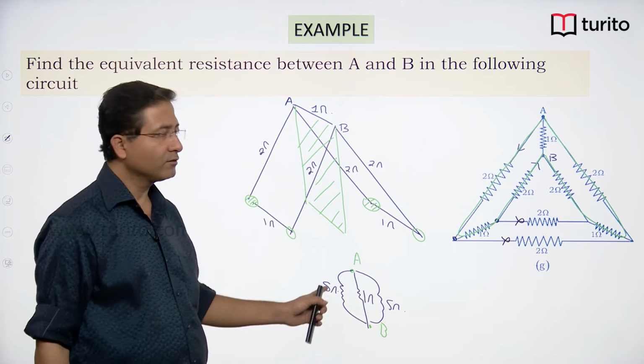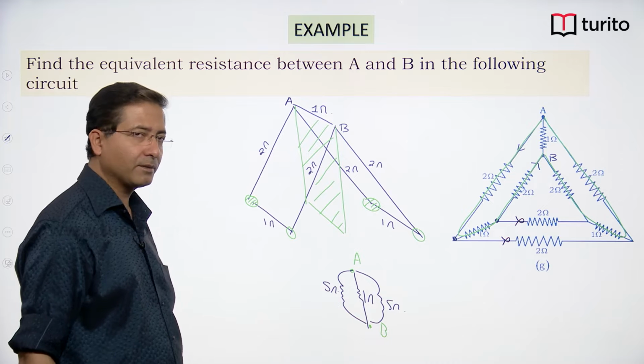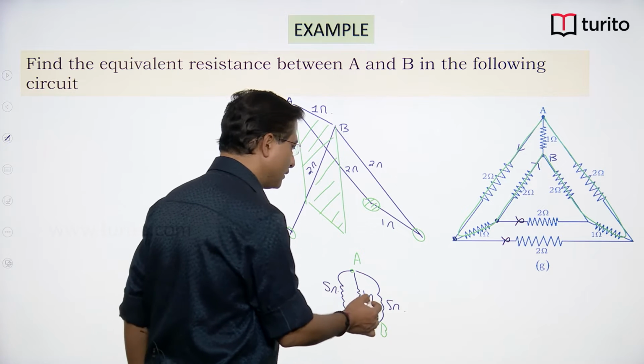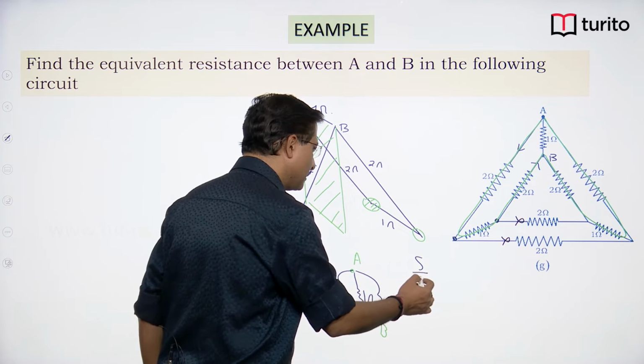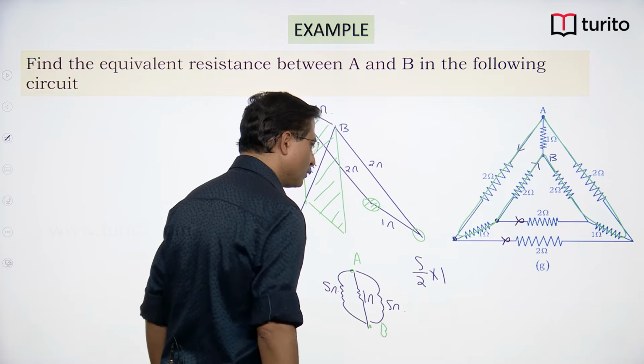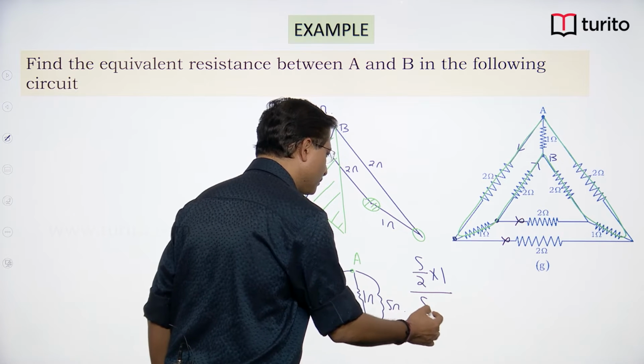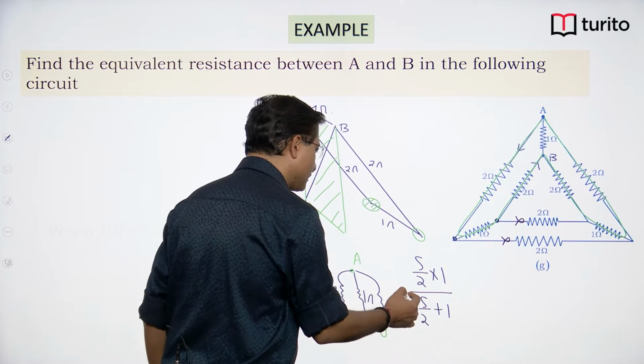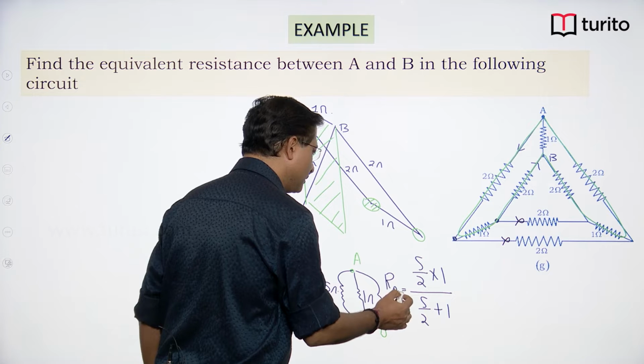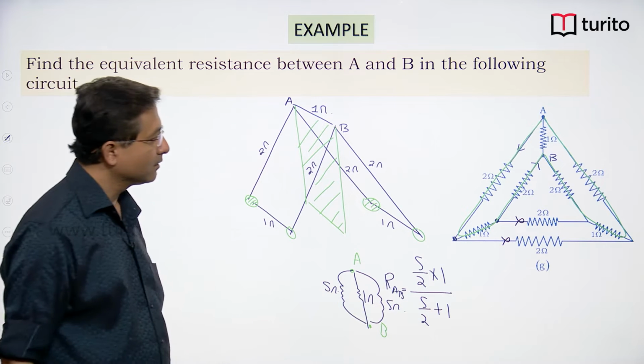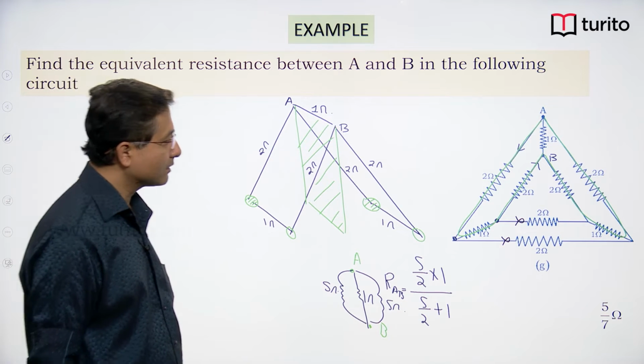So the two 5 ohm branches in parallel will give you 5 by 2. So 5 by 2 and this 1 are in parallel: 5 by 2 into 1 divided by 5 by 2 plus 1. Okay, this is RAB, and we are getting 5 by 7.